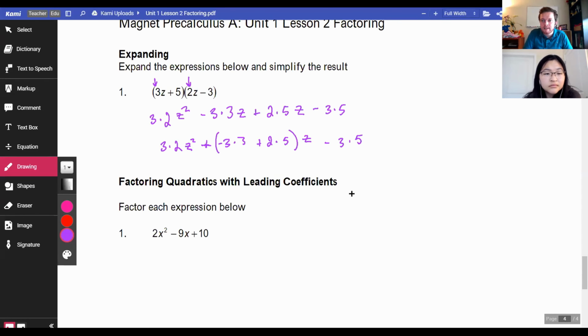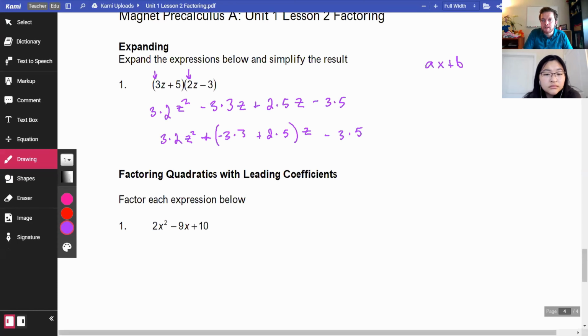Let's look at this as if we had to expand this: ax plus b times cx plus d. Let's expand this real quick. I'm going to do it for us, and you can check my work when I'm done. We're going to have acx squared plus bcx plus adx plus bd.